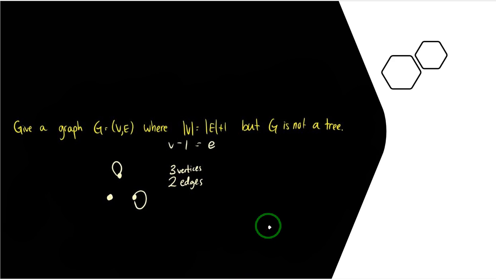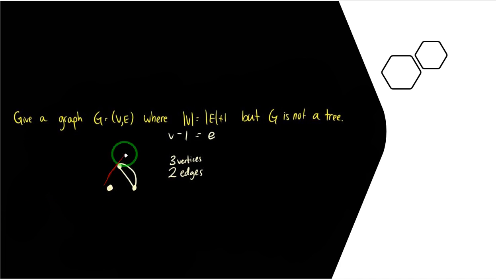When you see this kind of question in a book or in an exam, you need to explain it with 2, 3 or 4 such constructions: if you can make it like this, it will not be a tree. If you can see this example, we have three vertices and two edges, but it's not a tree.